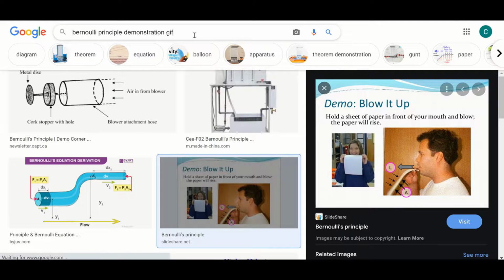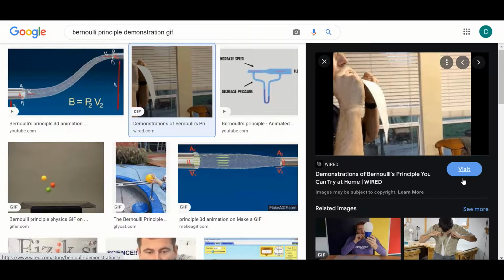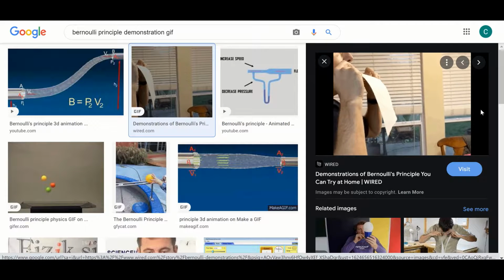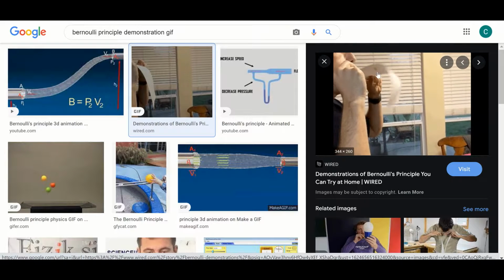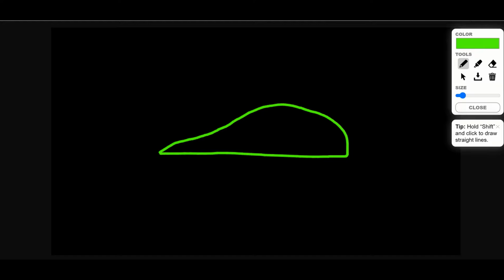Let's see if we can. Like this. Watch. See, he blows over the top of it and the paper flips up. What's happening is the air going over the top of that piece of paper exerts less pressure than the air underneath it, and so it pushes up on the piece of paper. We have the same thing happening with our wing.